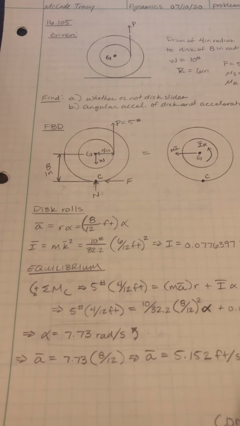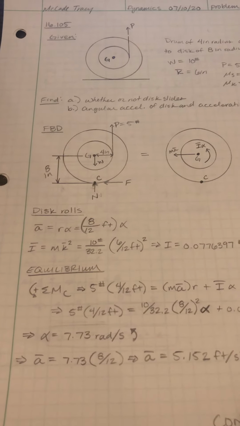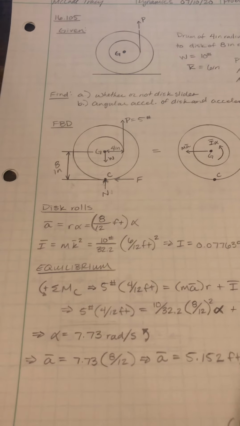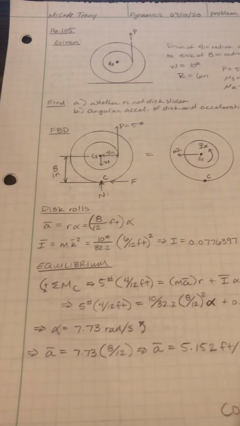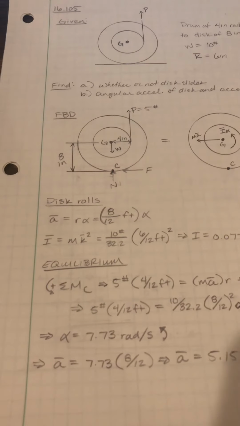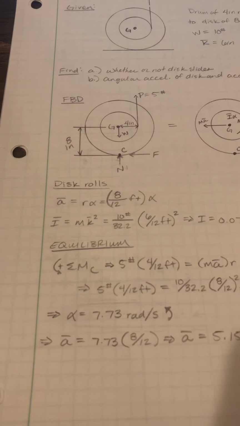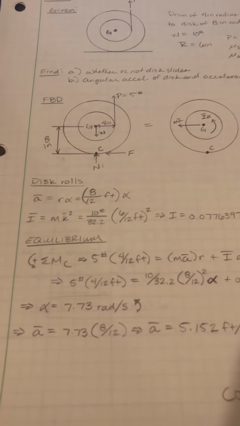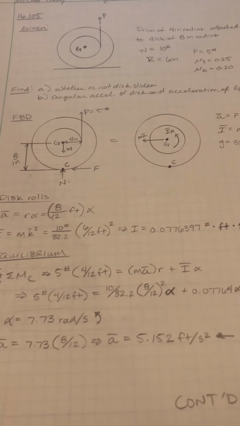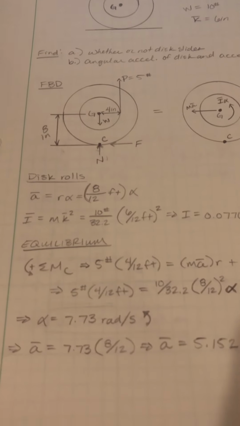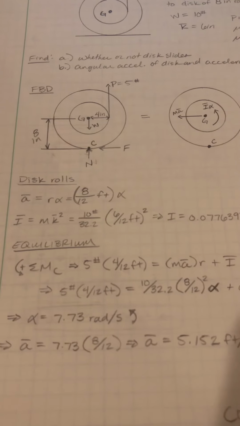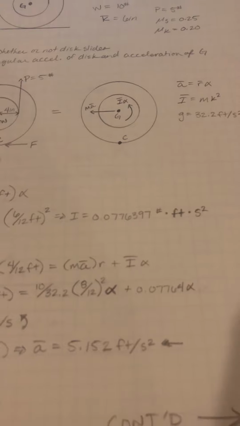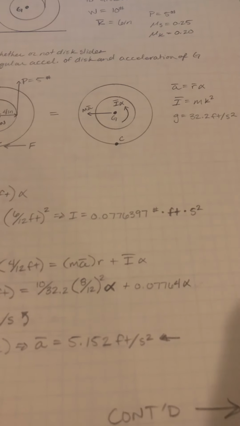We take the 8 inches and convert that into feet by dividing by 12. So acceleration is equal to 8 over 12 times alpha. The moment of inertia is equal to m k squared. Plugging that in, and again converting the radius to feet, I find the moment of inertia in pounds per foot per second squared.